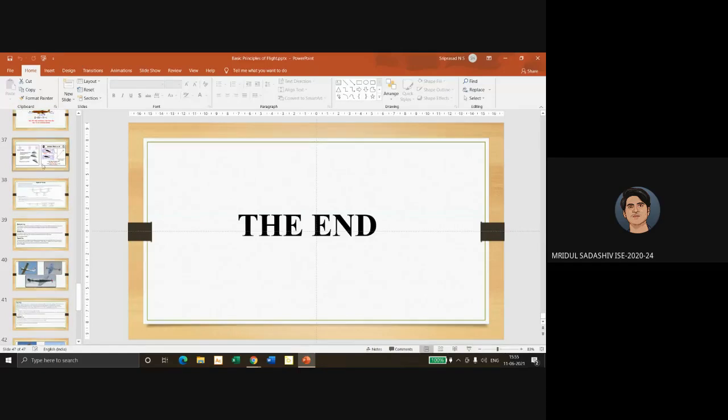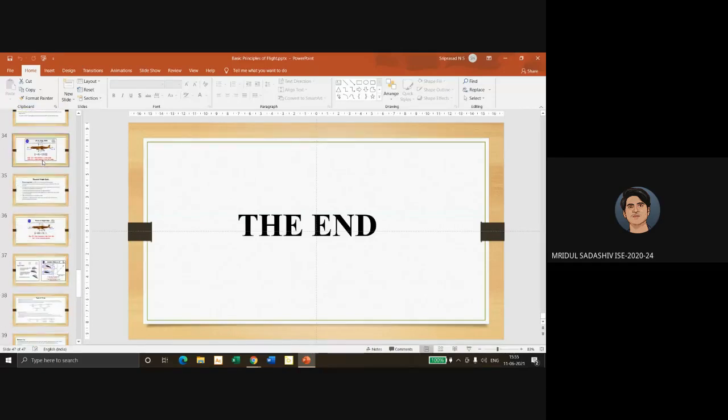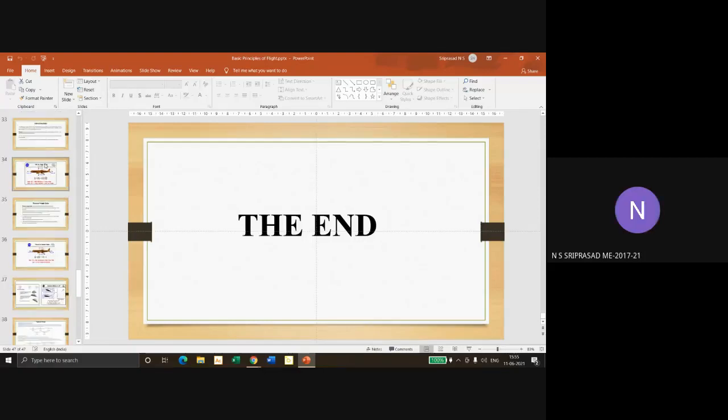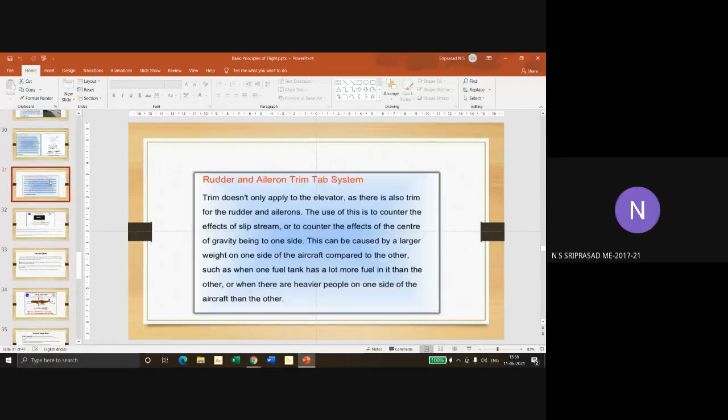It was the part where you talked about two fuel tanks, trim control. If we use only one fuel tank, there will be an imbalance in the plane, so to counterbalance that, we stabilize it using the rudder. Why not use both the fuel tanks at the same time?